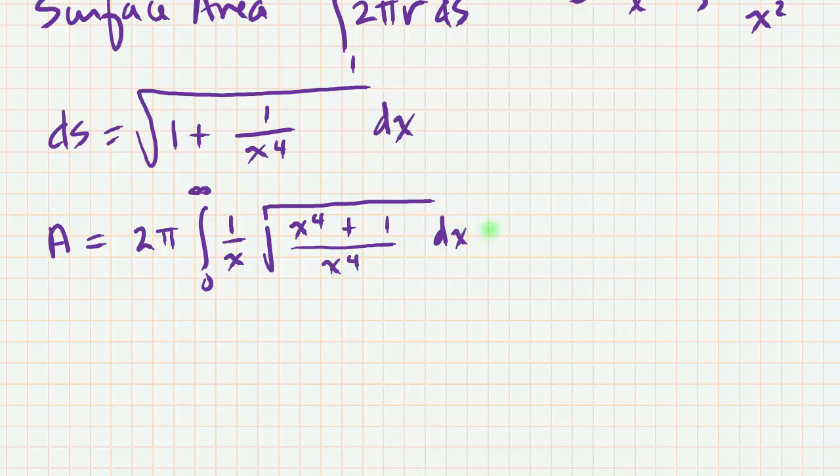We can simplify this a little bit, and let's go ahead and introduce the limit symbol, the limit as b goes to infinity. And I see a typo over here. This should be 1 to infinity. Oops, now that should be 1 to b.